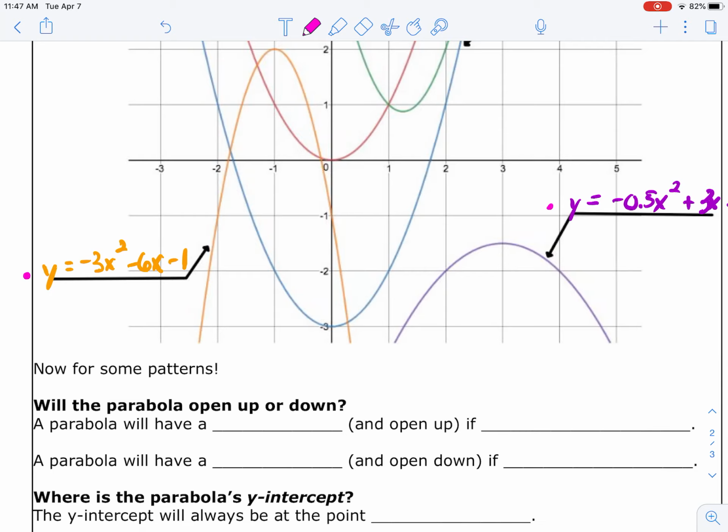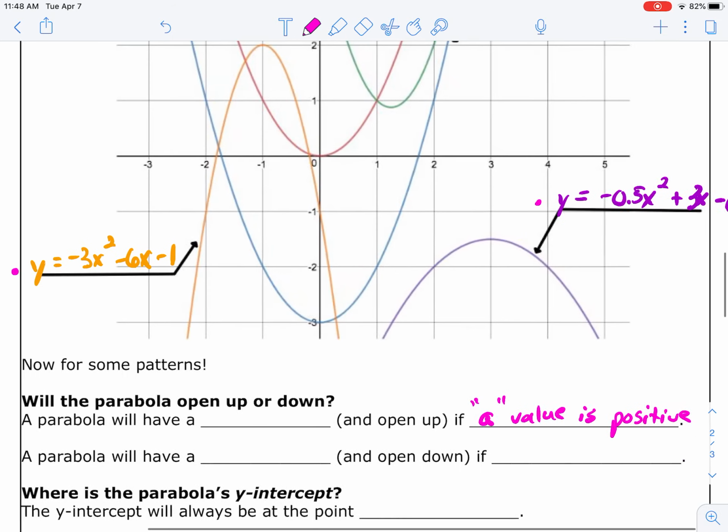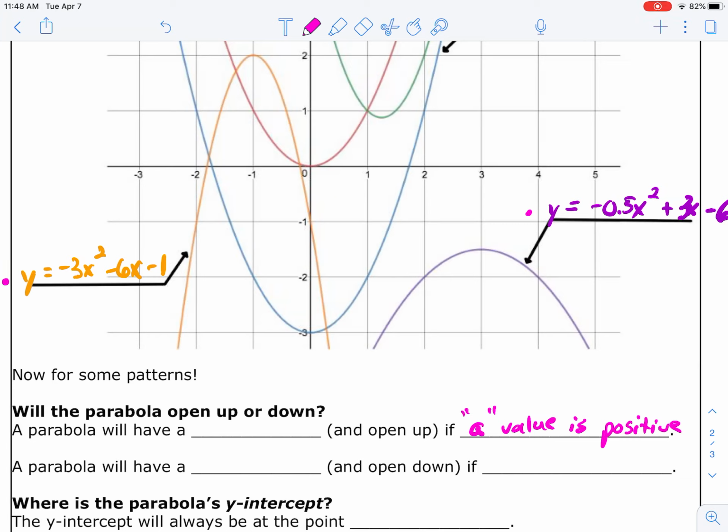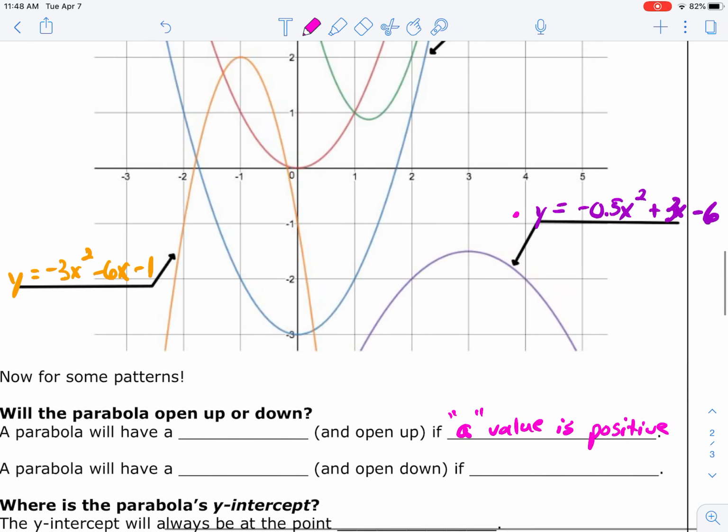And so what we have in those situations is they will open up if the A value, that first number, is positive. And they'll open down, notice in these last two, the ones that are directly above us here, if the A value is negative. So negative 3x squared and negative 0.5x squared.